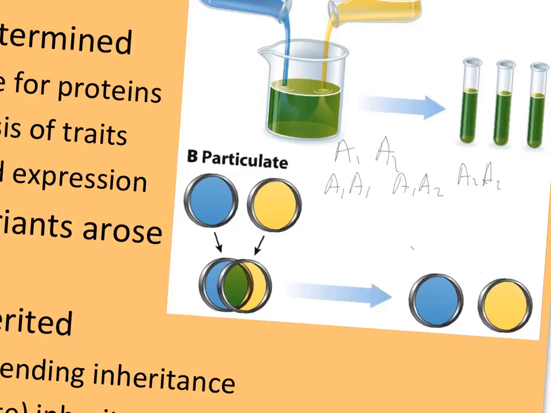Whereas if you had A1 A1, you'd end up with that. If you had A2 A2, homozygous, you'd end up with that. And then here, you'd end up with the green.